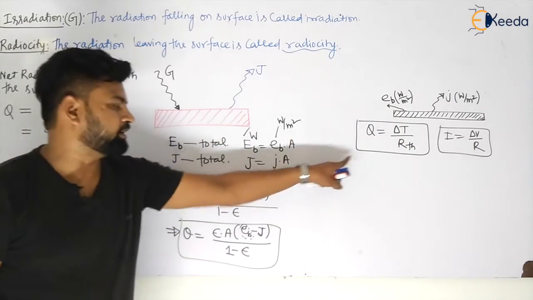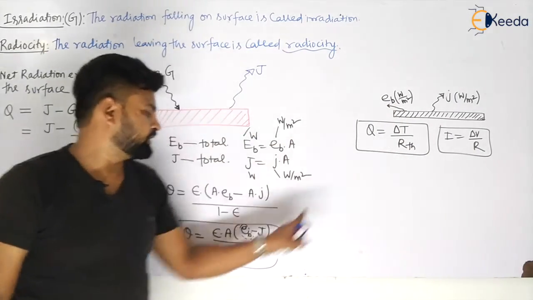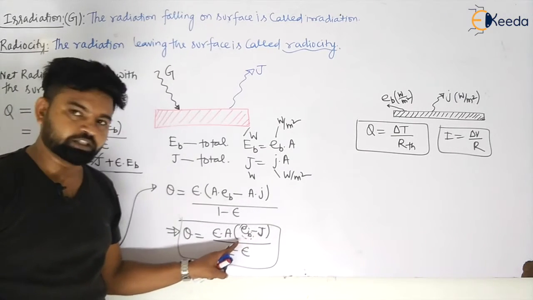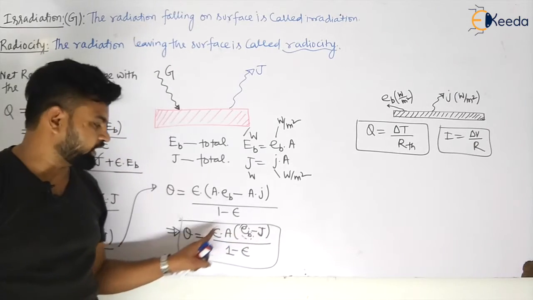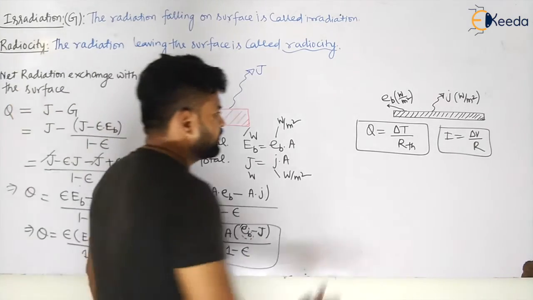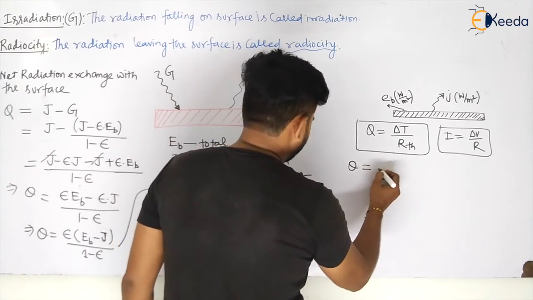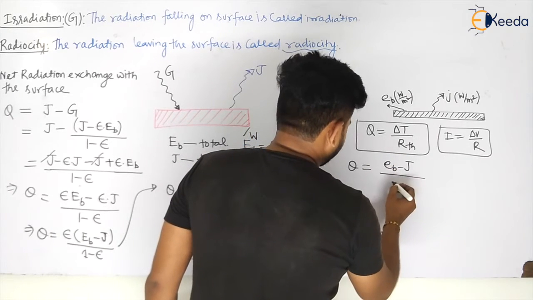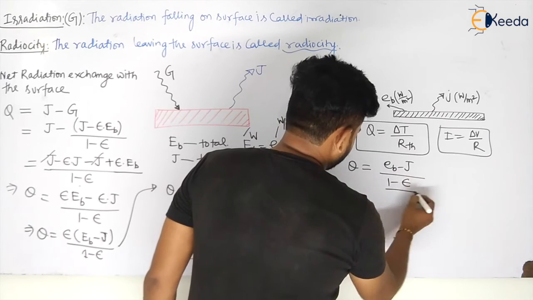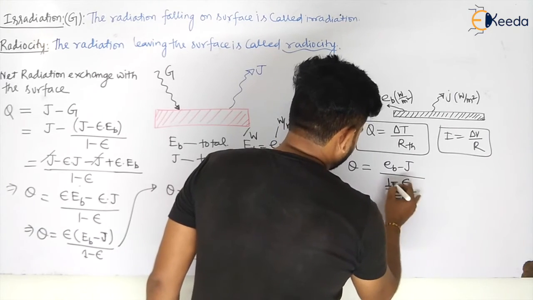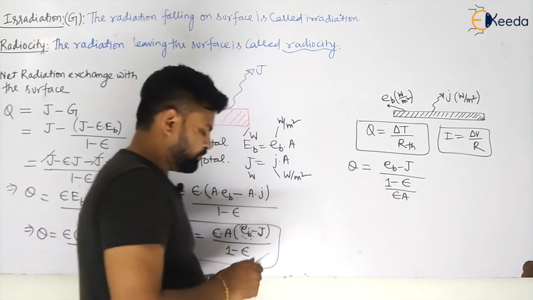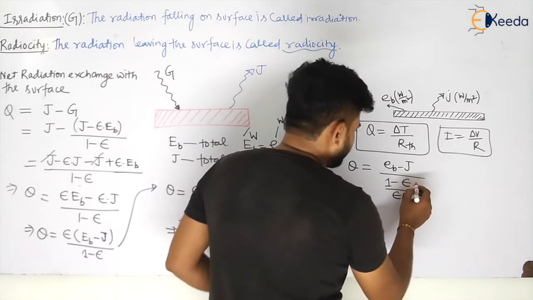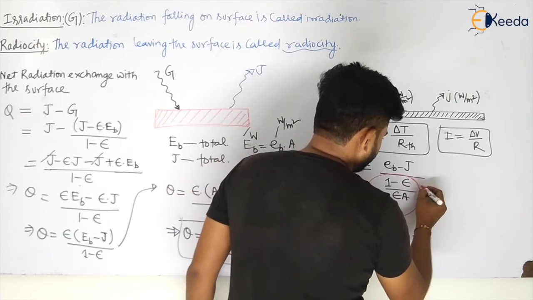If I compare both these equations, and I assume that it is a potential difference for radiation heat exchange, can I calculate the resistance? Yes. So it will become equal to Q into (EB minus J) divided by (1 minus E) upon EA, my dear students, where (1 minus E) upon EA will be your radiation resistance for this particular surface.